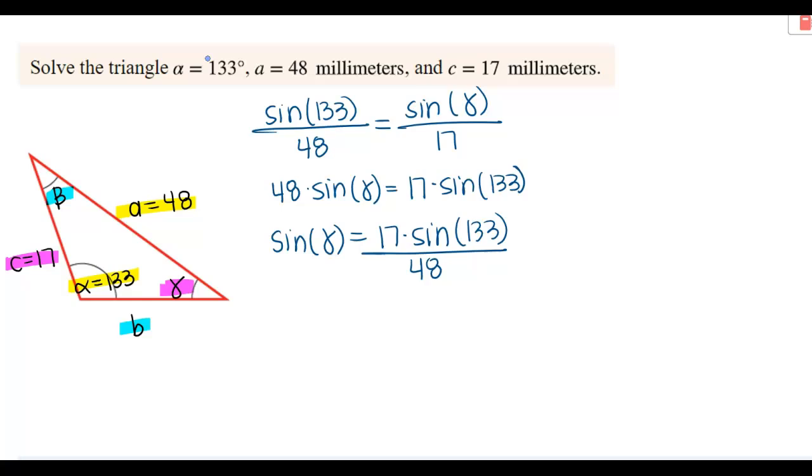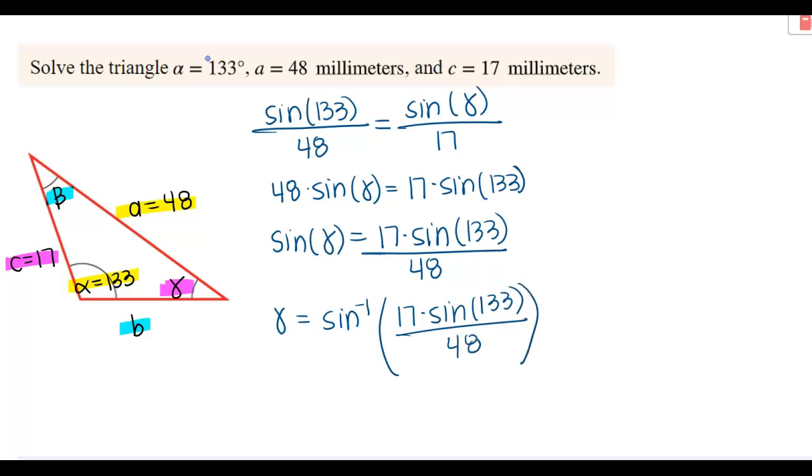So when we take the inverse sine of both sides, we get gamma by itself, and then we're going to take the inverse sine of this entire thing. Again, I would recommend waiting until the end here to put anything in our calculator just so that nothing is rounded, and that way we can get the most accurate answer we can.